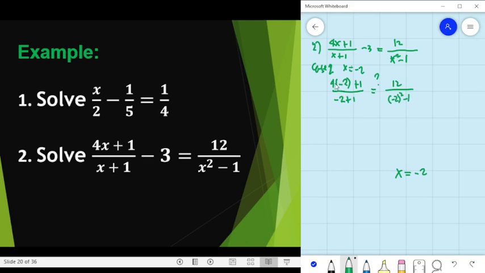Simplifying, we have 4 times -2 is -8 plus 1 all over -2 plus 1 is -1. The right side is 12 over -2 squared is 4 minus 1. So -8 plus 1 is -7.